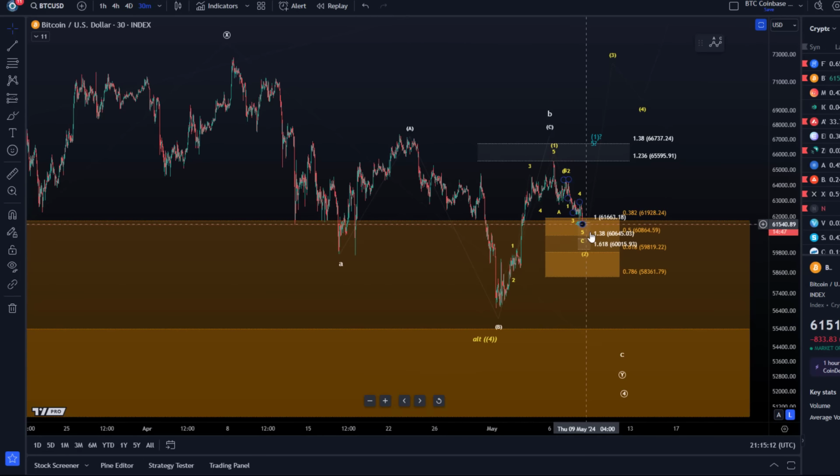5 up, 3 down, and Bitcoin needs to finally complete this correction. The good news is, obviously, that in both counts we were watching for lower prices. If both counts point in the same direction, at least until a certain point, that gives us good predictive qualities, or at least the chart is more predictable.